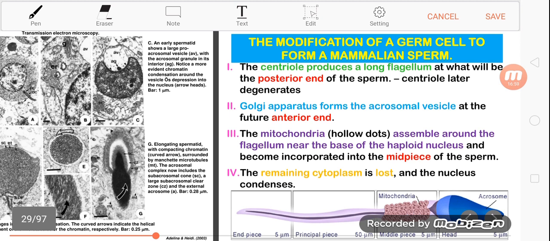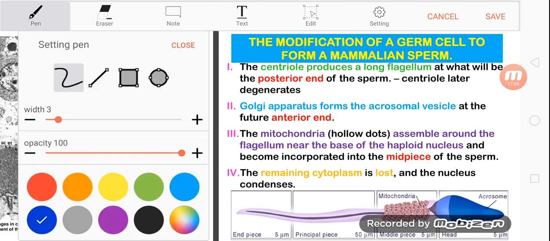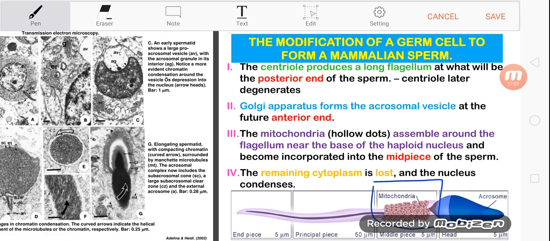Number 3, the mitochondria assemble around the flagellum, the neck here, so the assembly of this mitochondria produces this neck structure. And lastly, the remaining cytoplasm is lost and the nucleus condenses. The condensation of the DNA actually happens at the same time as these three things.